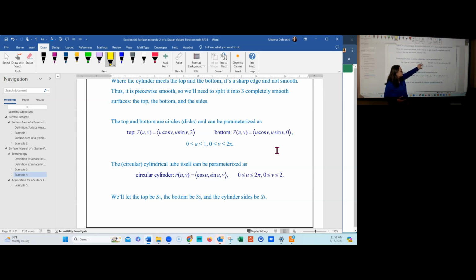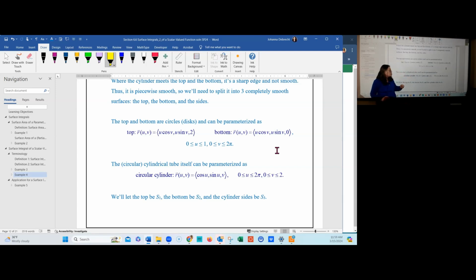The top is at 2 and the bottom is at 0. In both the top and the bottom, u is going to vary from 0 to 1 because we want the entire top. So it starts at the center and works its way out. And we want to go all the way around the circular top, so we have v vary from 0 to 2 pi.